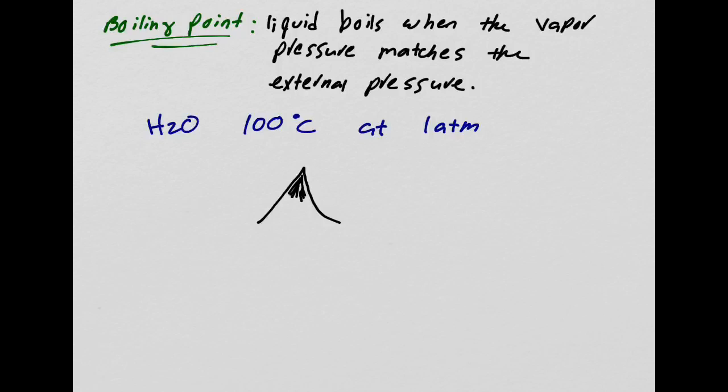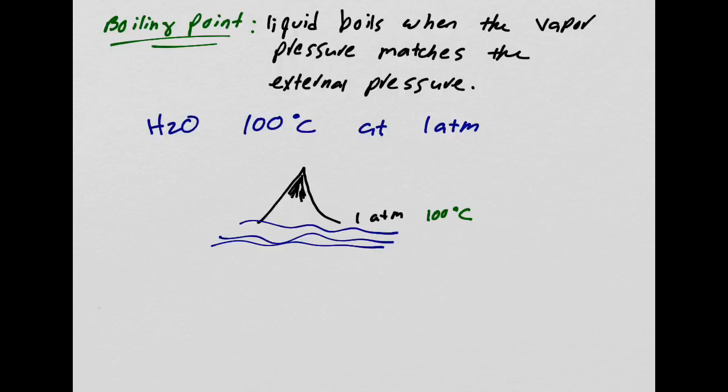All right, let me draw my mountain again. Here at sea level, we have 1 atm. At 1 atm, at sea level, the boiling point of water is 100 degrees. If you go higher up, you go hiking, and you want to boil water, what do you think? Is the boiling point of water going to be higher than 100 or less than 100?